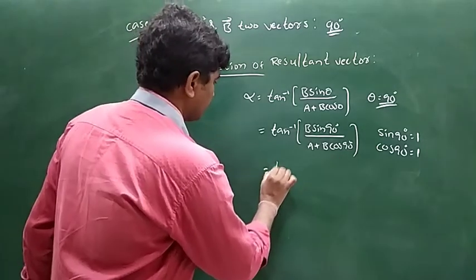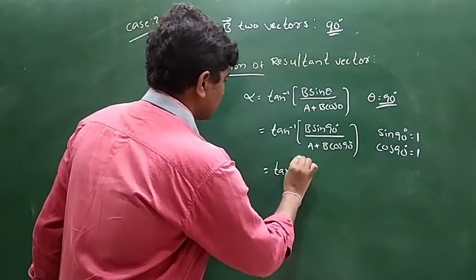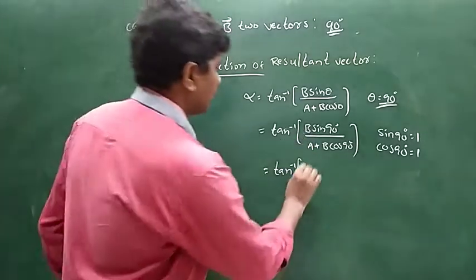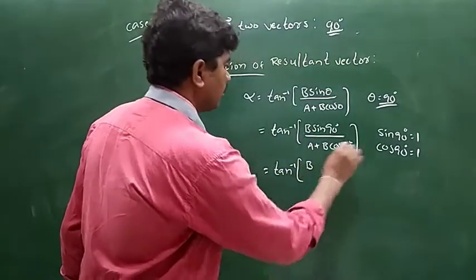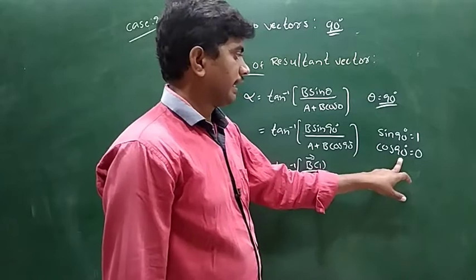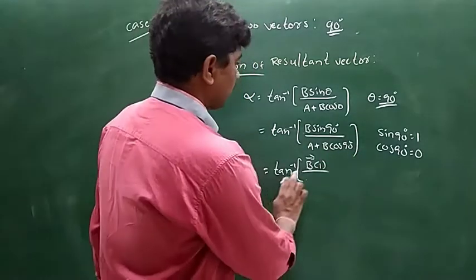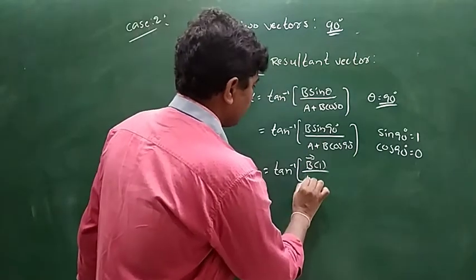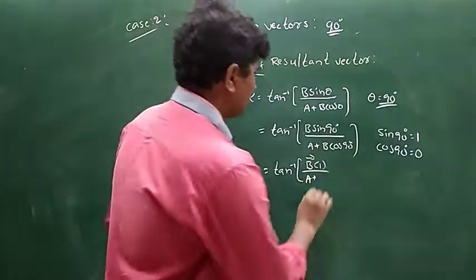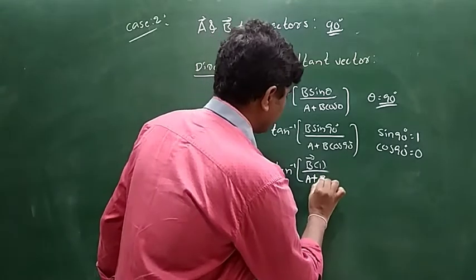Therefore, alpha is equal to tan inverse of b sin 90 degrees, where sin 90 degrees is equal to 1, by a plus b cos 90 degrees, where cos 90 degrees is equal to 0.